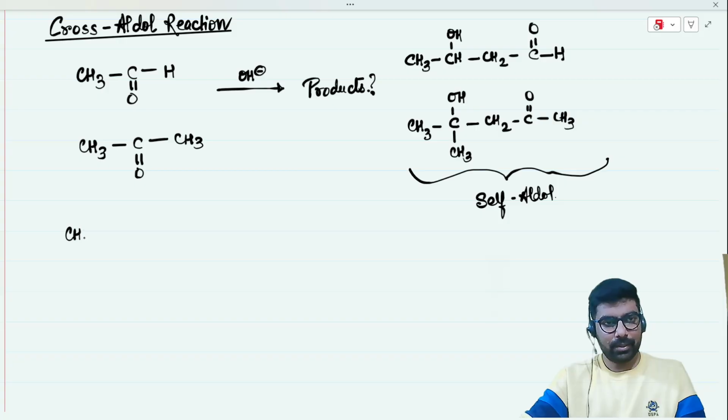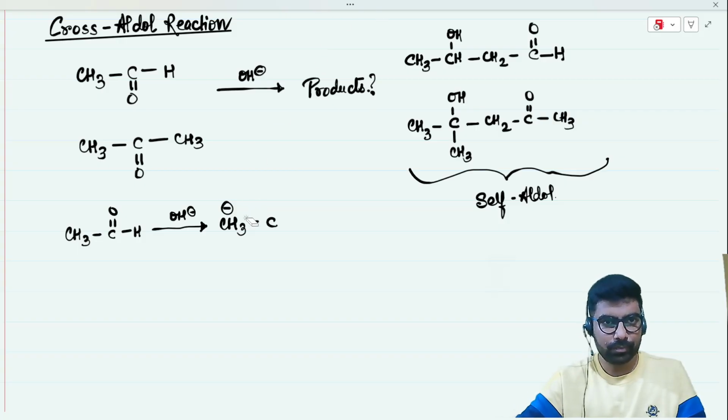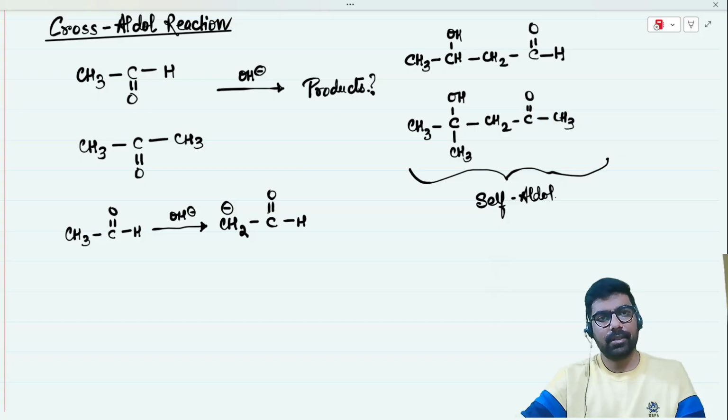Let's say CH3, C double bond O, H is there, and OH minus came in and abstracts a hydrogen from this. Sorry, that will be CH2. This undergoes resonance, and we will have something like this.